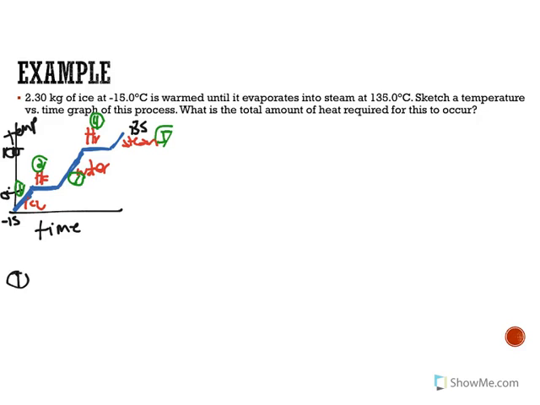So number 1. We have that change in temperature, so we need to use Q is equal to mc delta T. Q is equal to our mass, 2.3, times the specific heat of ice. So be careful there. Look up the specific heat of ice. That is 2100. And our change in temperature initially is negative 15, finally 0. 0 minus negative 15.